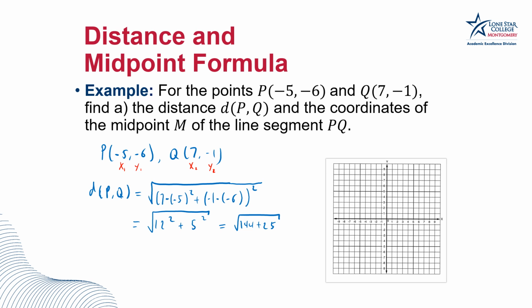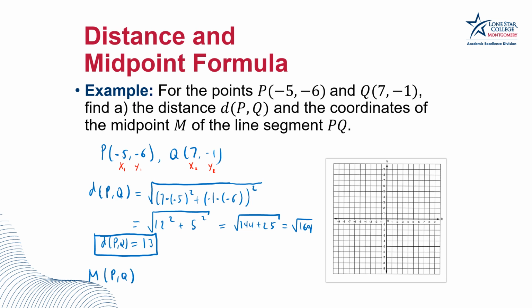Now 144 plus 25 is actually the square root of 169, which we know the square root of, and that's just 13. So the distance between P and Q is 13.